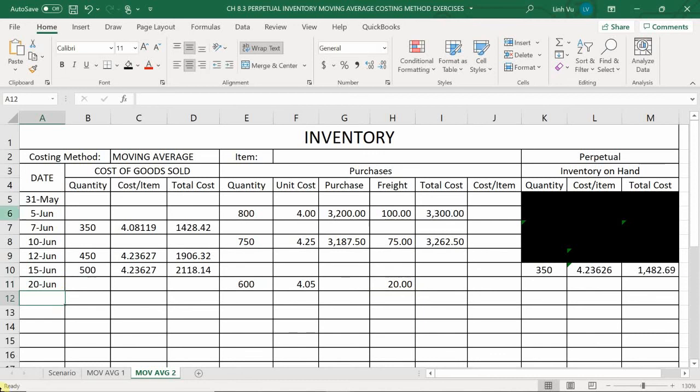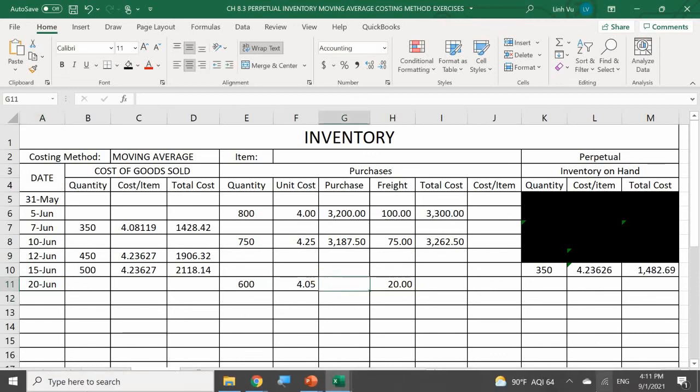So once again, what's my total purchases? 2,430 plus 20. 2,450. Good.